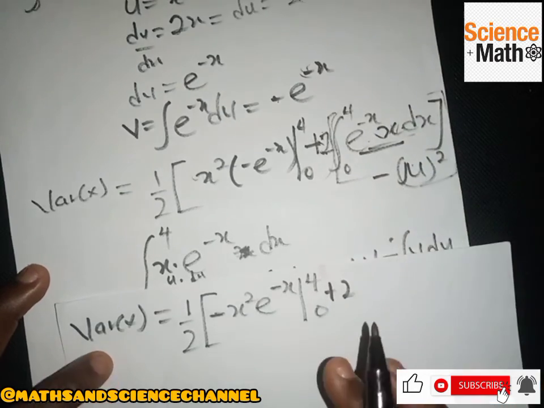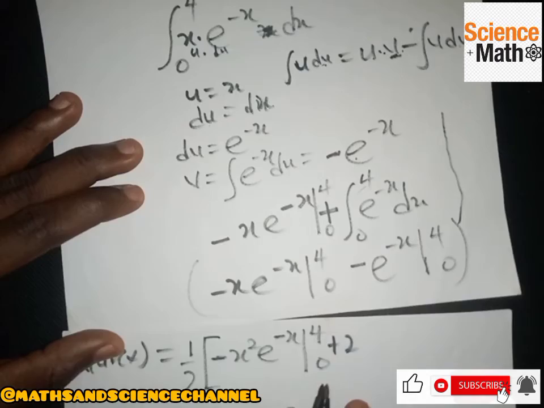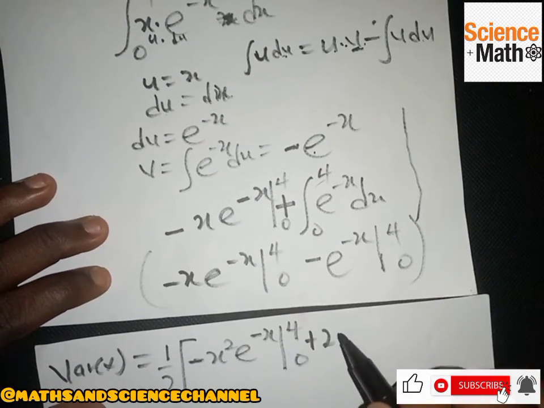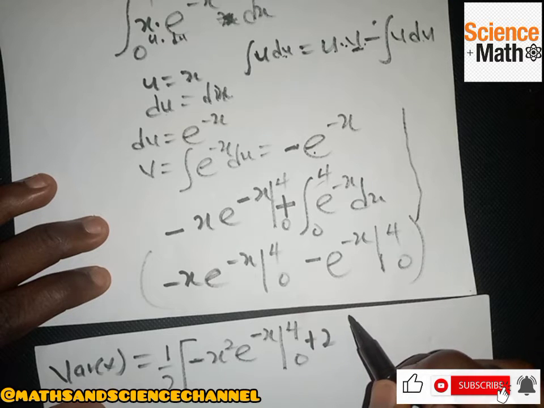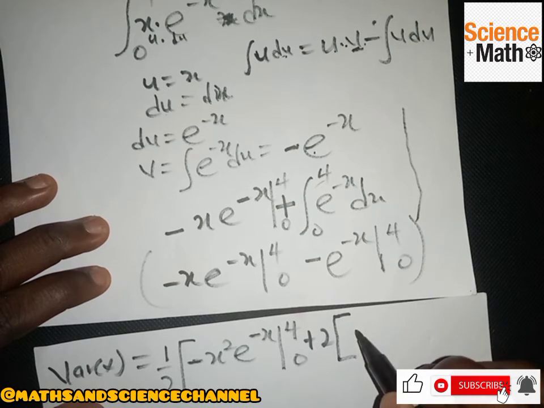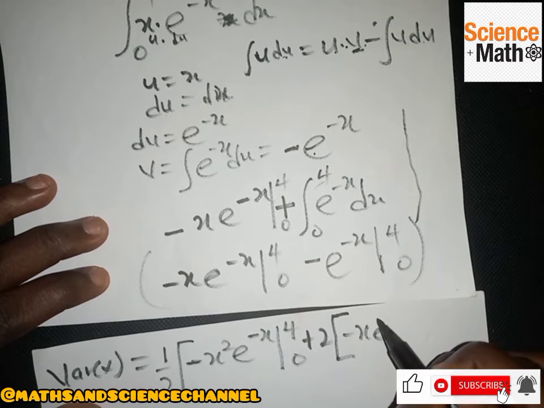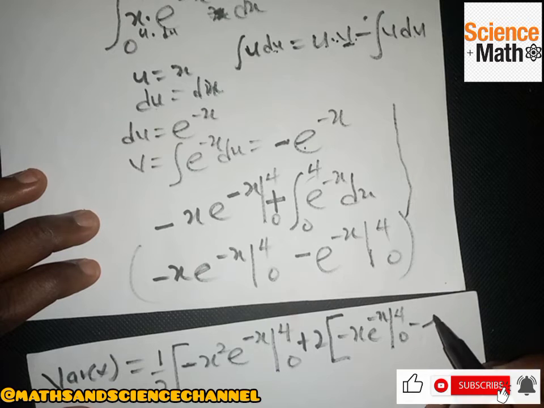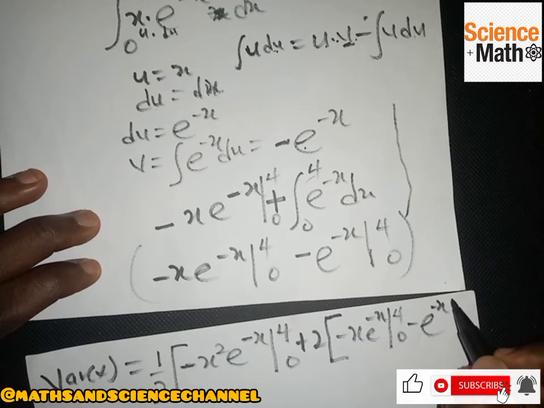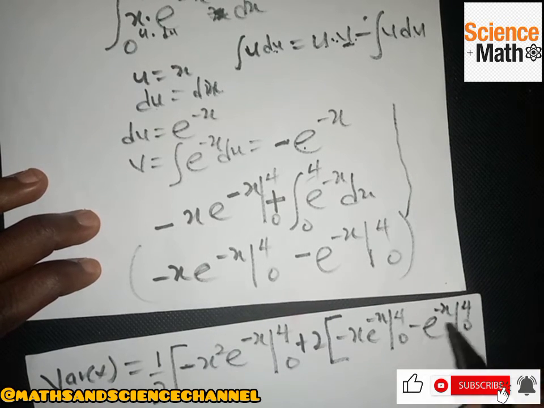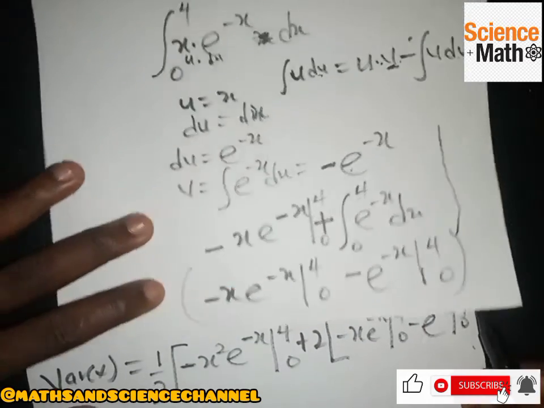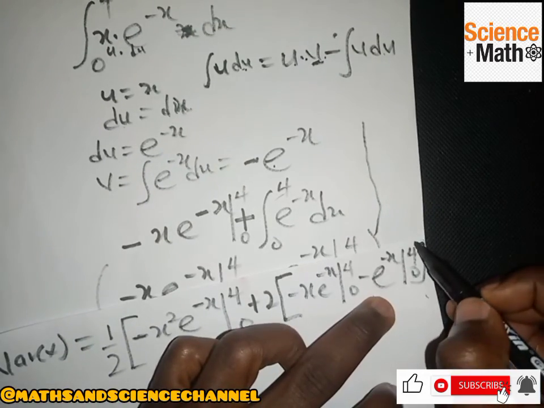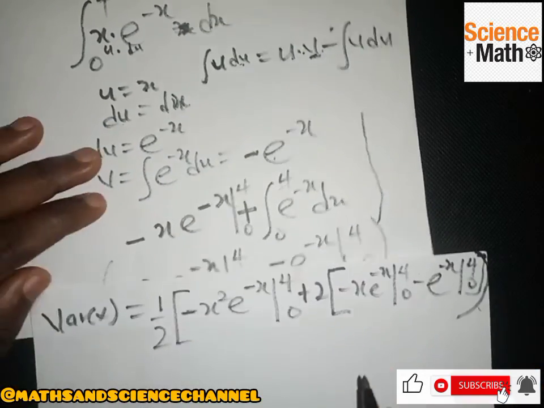Remember, all of this part is representing the integration we did over here, so this was the result we had here, and so it will be 2 here into bracket minus x e exponent minus x, and then it's from 4 to 0, minus e to the power minus x here, and still 4 to 0. Remember, the 2 multiplies the whole of that, but then again the 1/2 is also affecting the whole part.